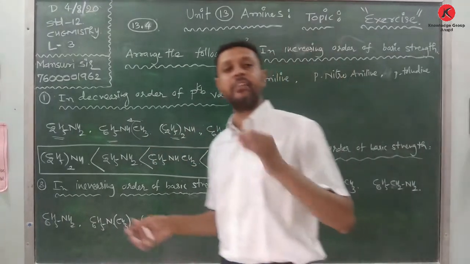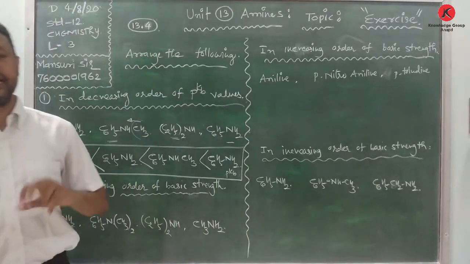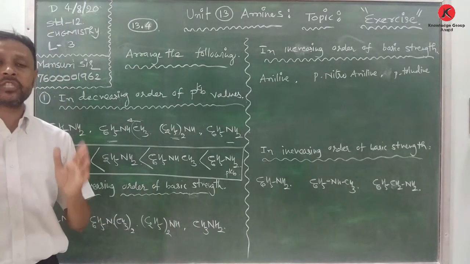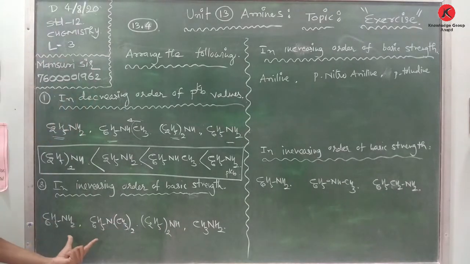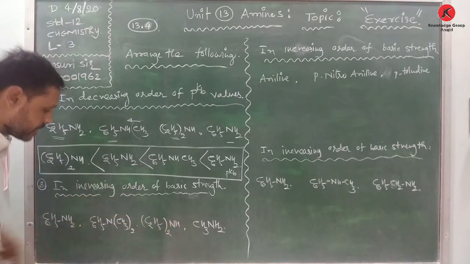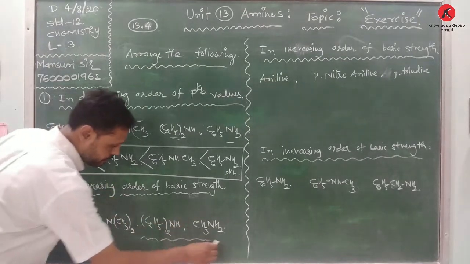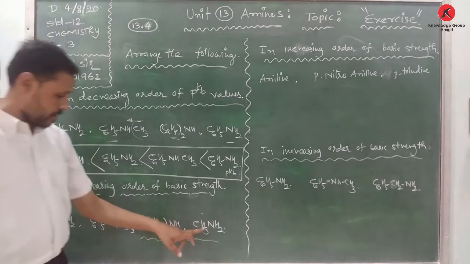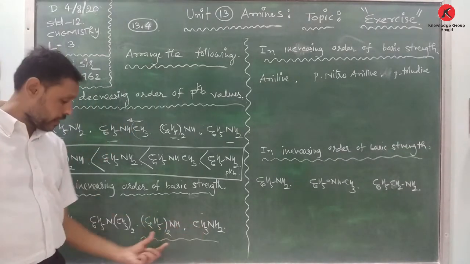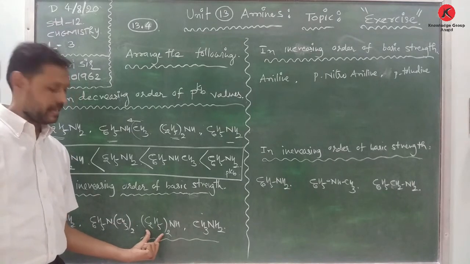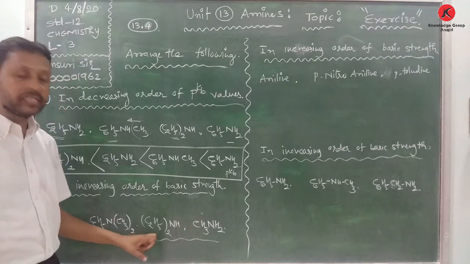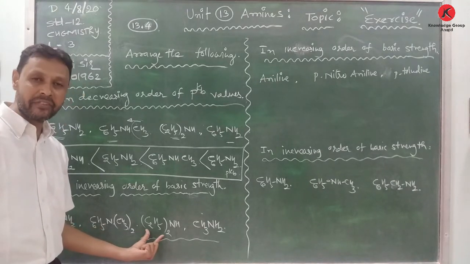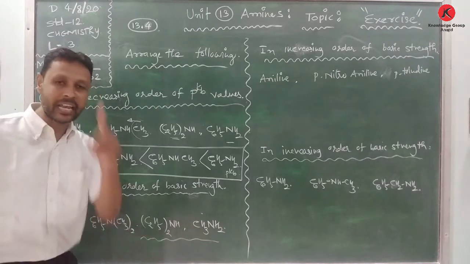Aliphatic amines are more basic, that means basic strength will be very high for aliphatic amines, and basic strength will be very low for aromatic amines. These two amines are more basic, but in these two, here two alkyl groups are there and here a bulky group is there. That is why this has more basic strength. Diethylamine is more basic than methylamine.